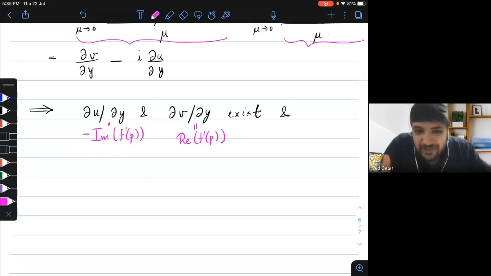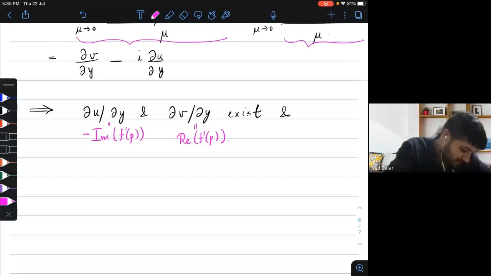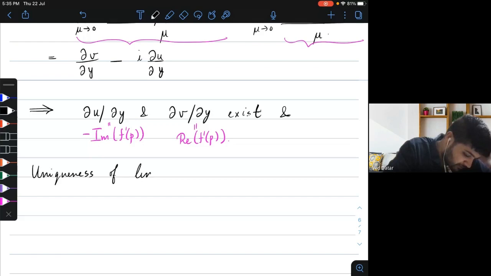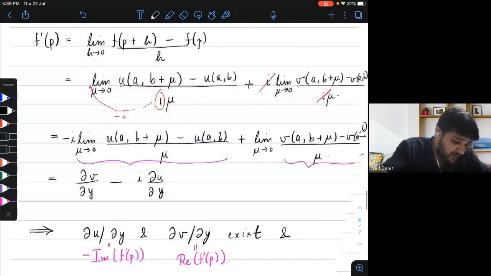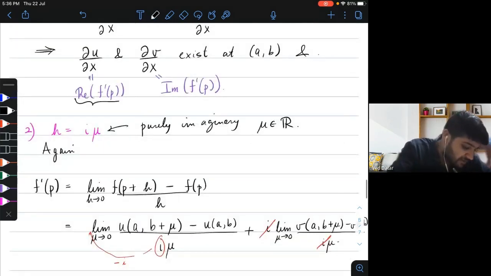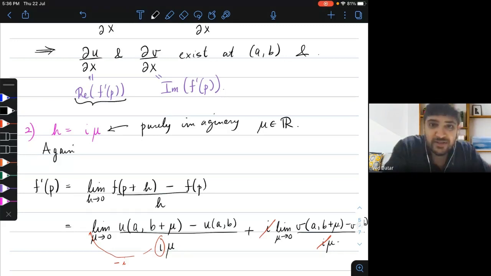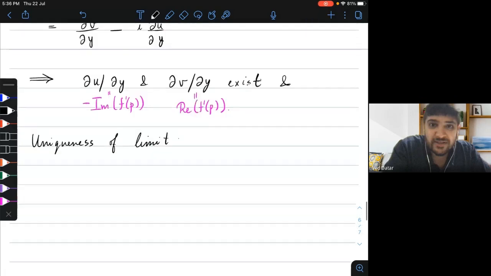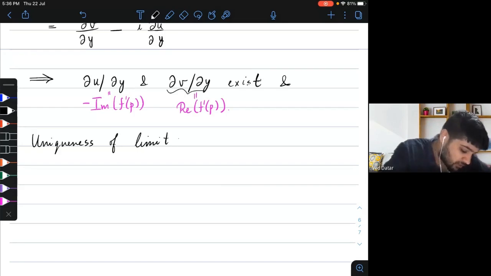So of course the limit is unique, so both the answers should be the same, right? So by the uniqueness of limit, we equate the real part. The first calculation showed us that the real part of this derivative was del u by del x, and here we get del v by del y. So we basically get that del u by del x should be equal to del v by del y.